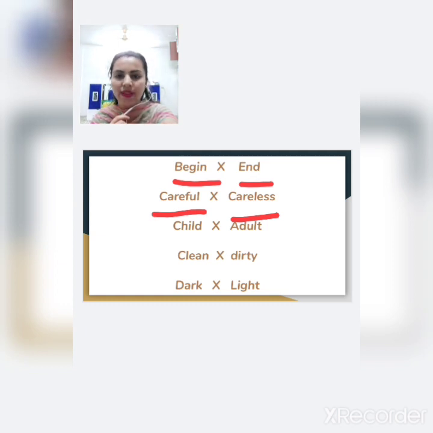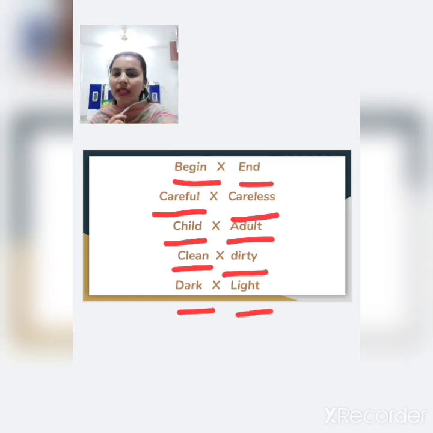Next is child, and the opposite of child is adult. Next is clean, and the opposite of clean is dirty. Similarly, next is dark, and the opposite of dark is light.